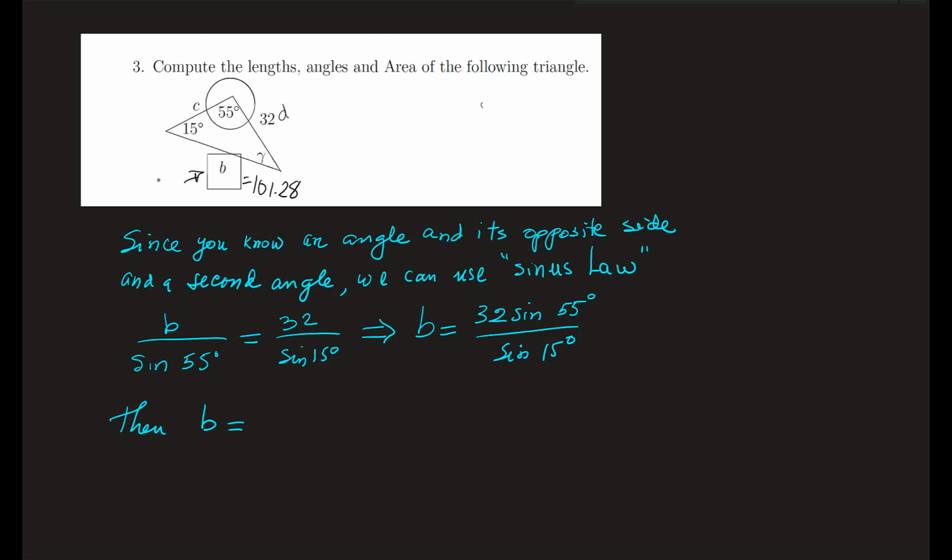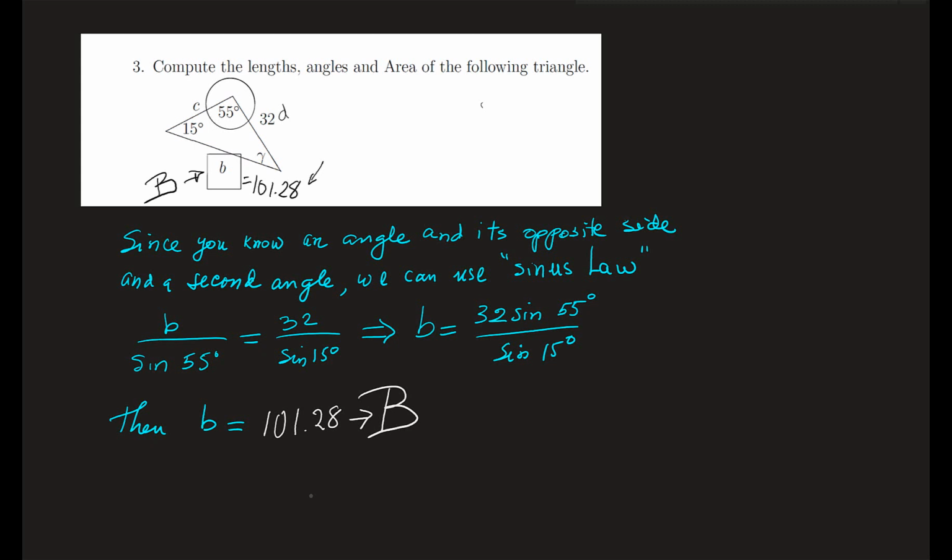Remember, we have this exactly as the calculator can store it in its memory, a better number than this one. Our answer is an approximation, 101.28, but really we have it stored in our calculator in the B memory. This is the exact value for the calculator.